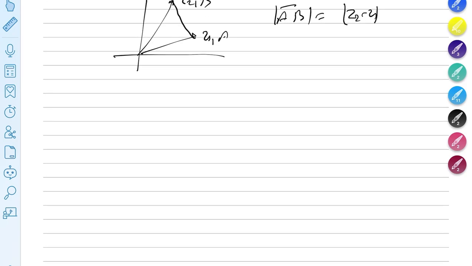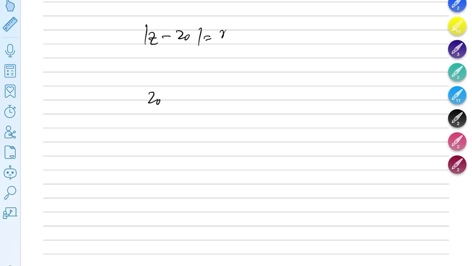Clearly, if I say mod of z minus z0 is equal to r, that means somewhere is z and somewhere is z0, and the distance between z and z0 is r. Here z0 is constant, r is constant, but z is varying.